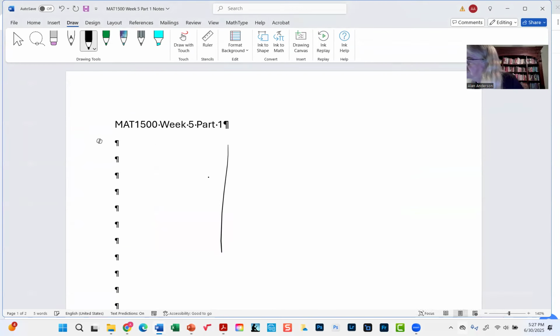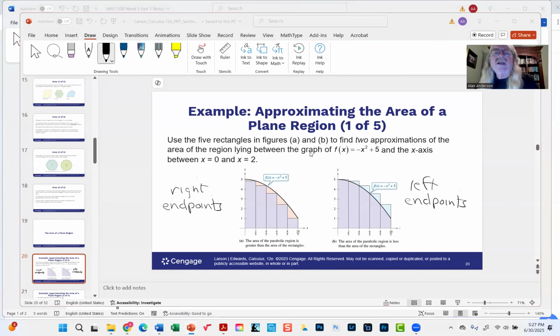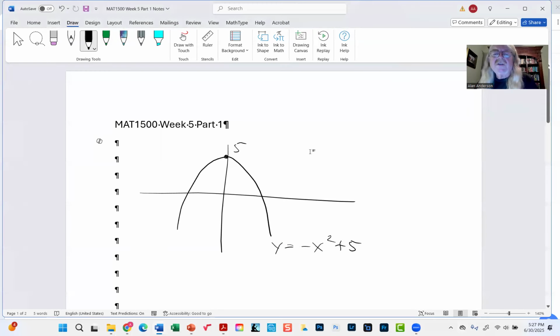Let's say we're interested in studying the area under this curve between the points 0 and 2. This curve crosses the horizontal axis at radical 5, which is slightly greater than 2. So we're looking at this area here.